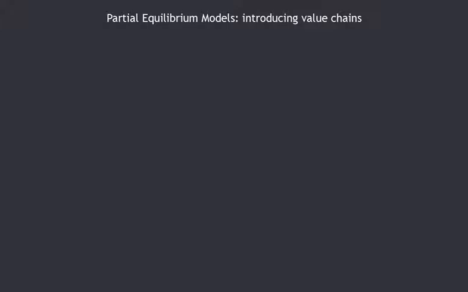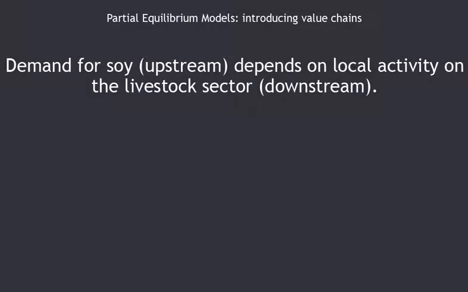Let me present how we model the relationship between the upstream sector and the downstream sector that is characteristic of a value chain. This is done through two relations. First, a relation between demand for soy and supply in the meat sector. So it is demand in the upstream sector. It depends on the local price in this sector, but also on local activity in the livestock sector, because it's the main customer, or the only customer, for soy.